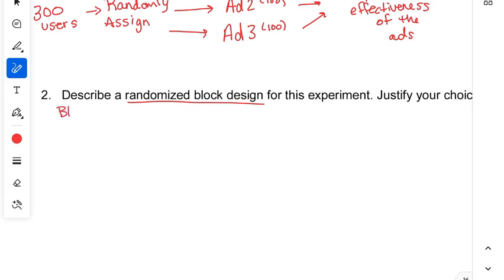Now we want to do a randomized block design. How could we block? What do y'all think? Age? Okay. Anything else? Gender? Yeah. What else?